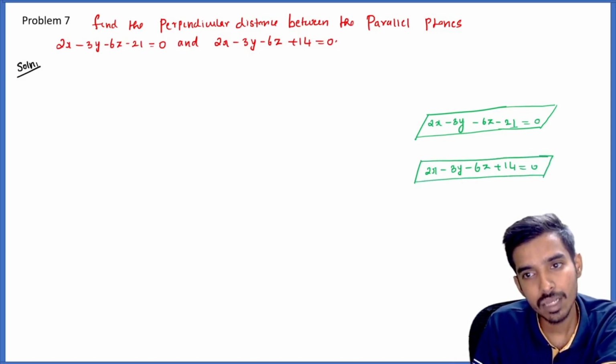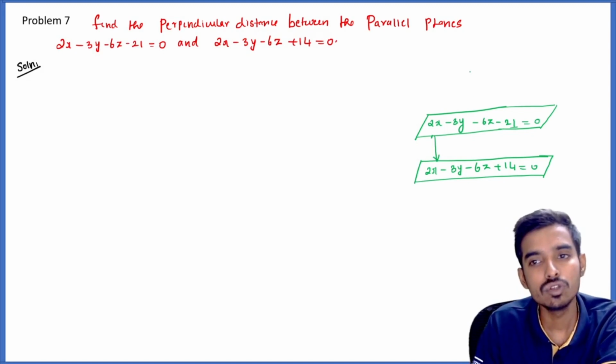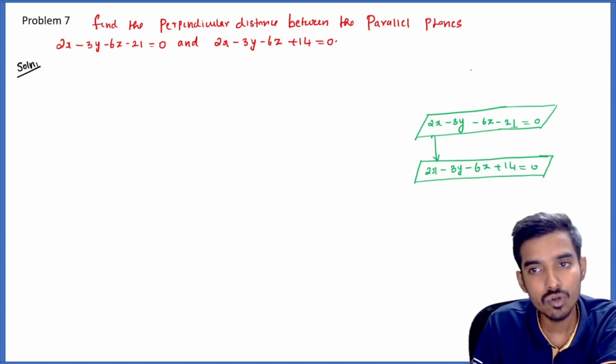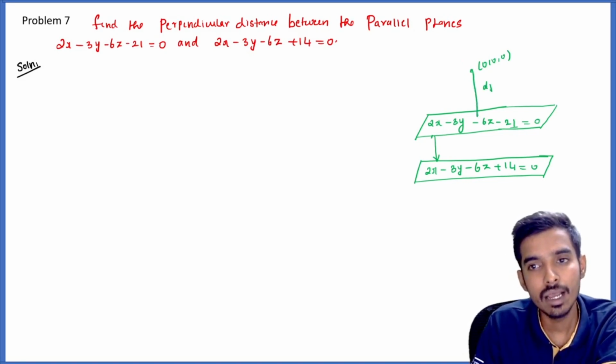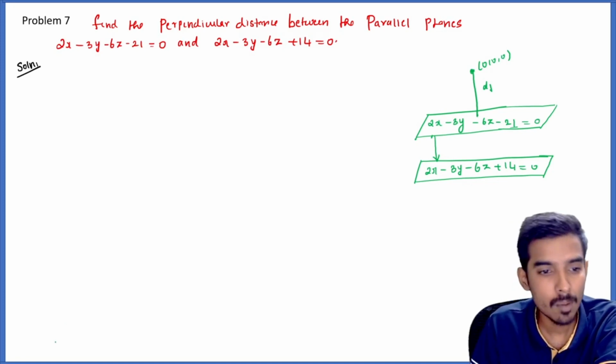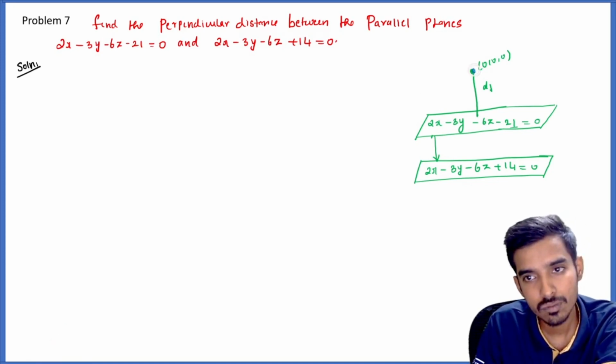We need to find the perpendicular distance between the two parallel planes. For that, you find the perpendicular distance from the origin to the first plane, call that d1, and the perpendicular distance from the origin to the second plane, call that d2.